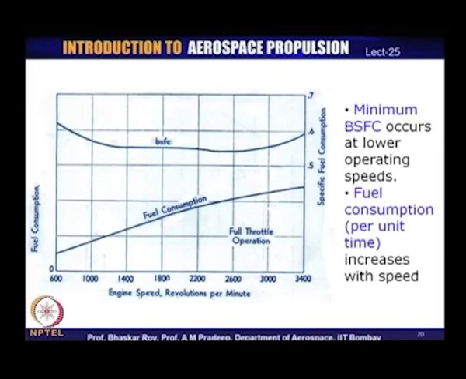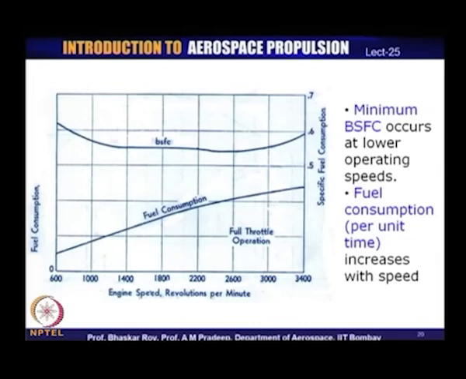At lower speeds, it has a higher BSFC. At high speeds, again it starts going up, and BSFC is no more the lowest. So, engine operation in this range of speed would give a low BSFC. That is true of almost all kinds of IC engines or piston engines, even automobile engines that run the cars or vehicles on ground.